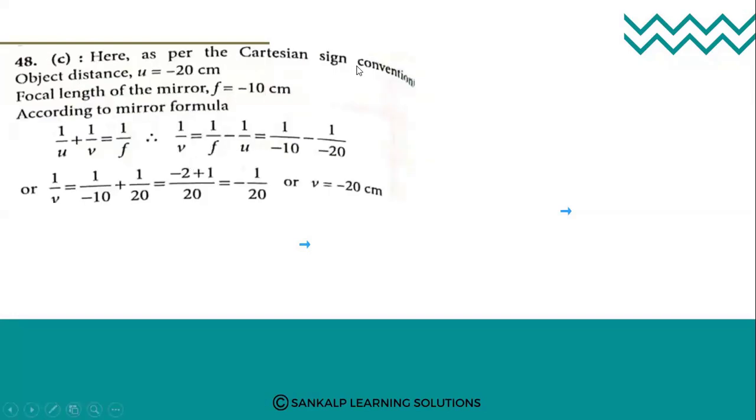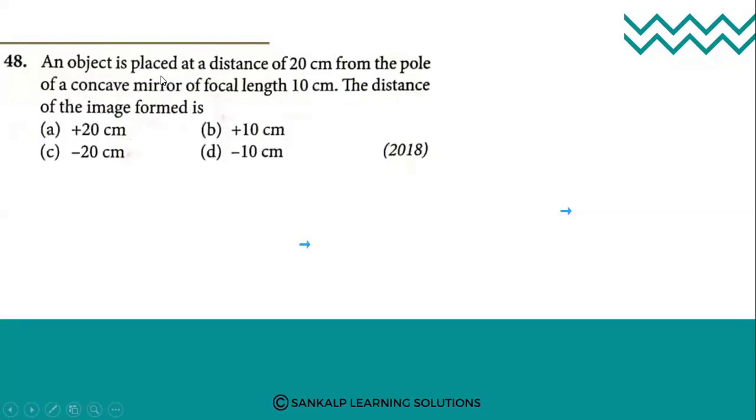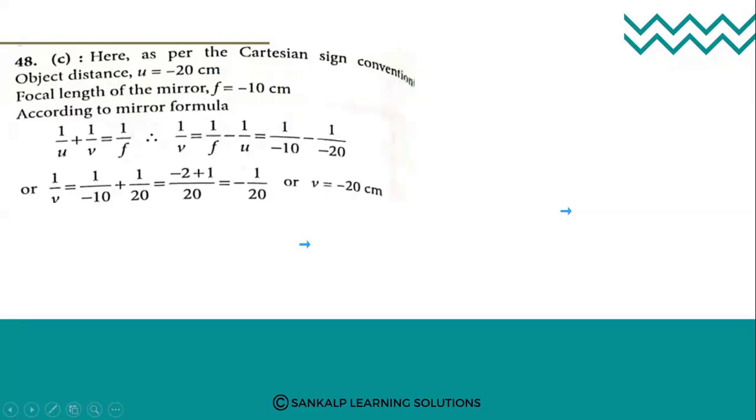Here, as per the Cartesian sign convention, the object distance is taken as negative. Again for the focal length, for a concave mirror, the focal length value is also taken as negative. So therefore, F is equal to minus 10 centimeter.